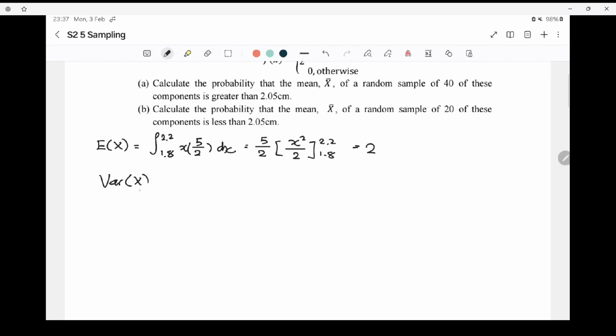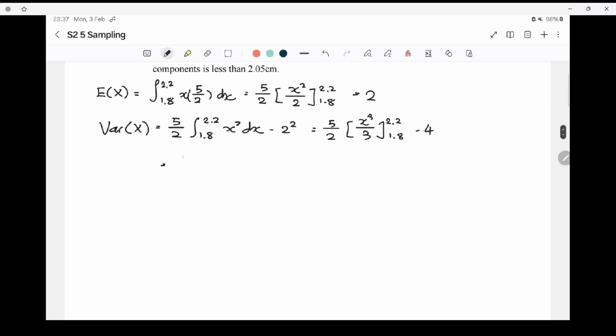Now you find the variance of x. This is the same as, so this time I directly take out 5 over 2, integrate from 1.8 to 2.2, x squared dx minus 2 squared. So this is 5 over 2 times x cubed over 3, 2.2 to 1.8, minus 4.